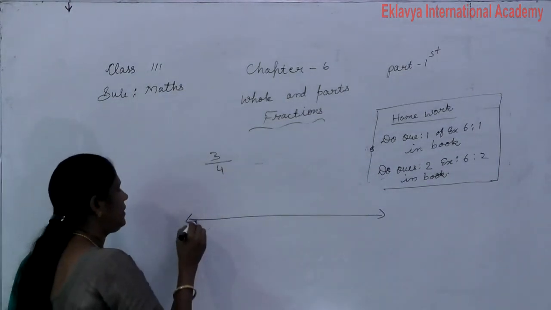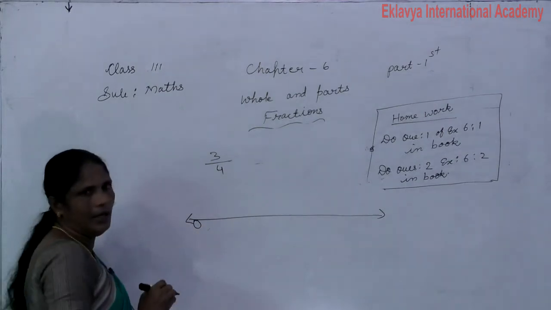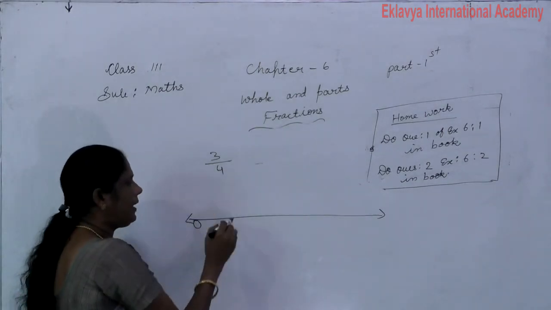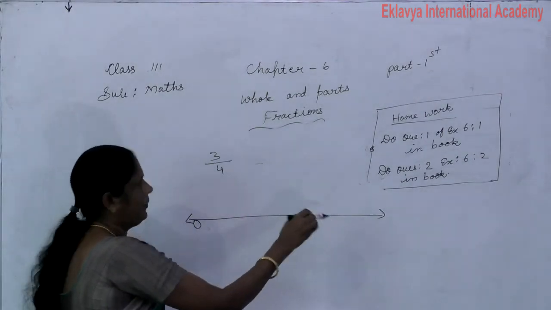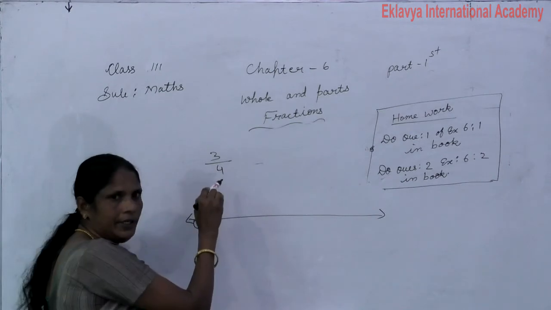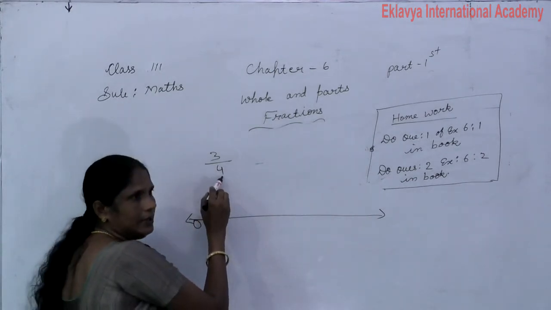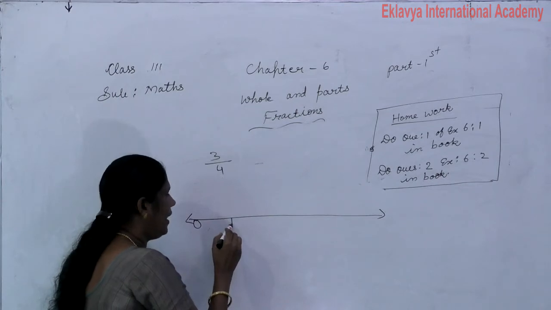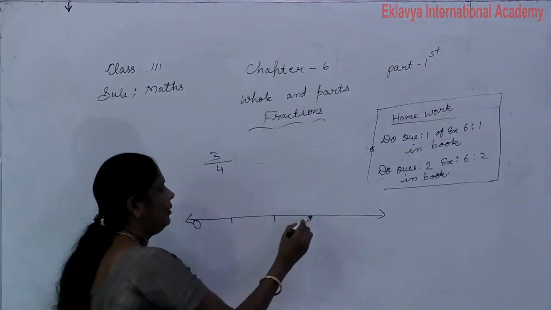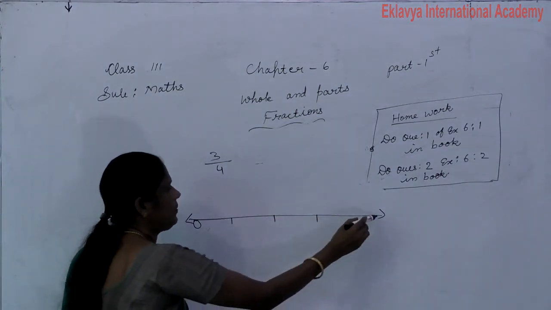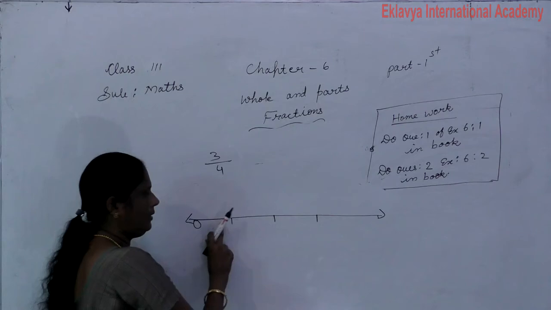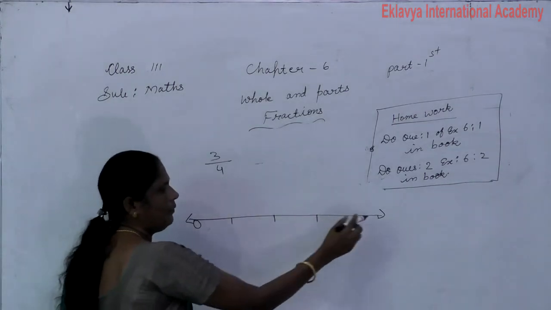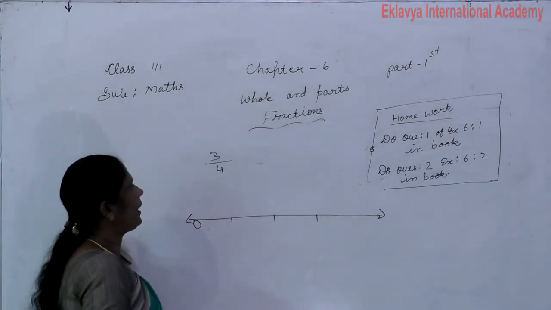We start with 0. How many line segments do we divide it into? 4. That is, our denominator is 4. Therefore 1, 2, 3, then 4.